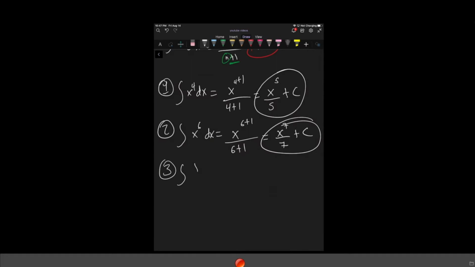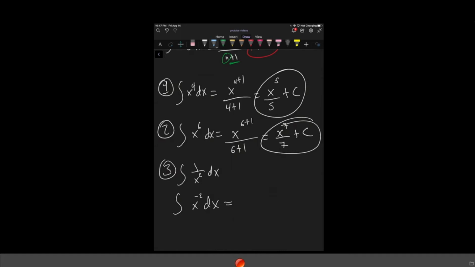Let's do another example: the integral of 1 over x squared dx. So every time you see an integral written this way, it's always a better idea to rewrite it as x to the negative 2 dx. That way we can apply the reverse power rule easier. So why did I write the exponent as negative?